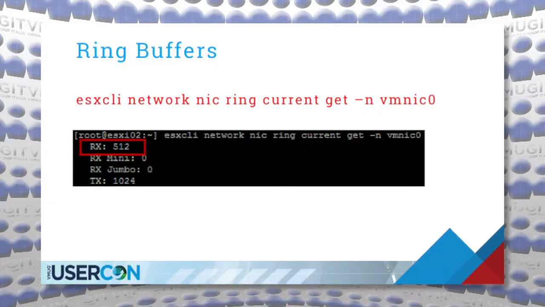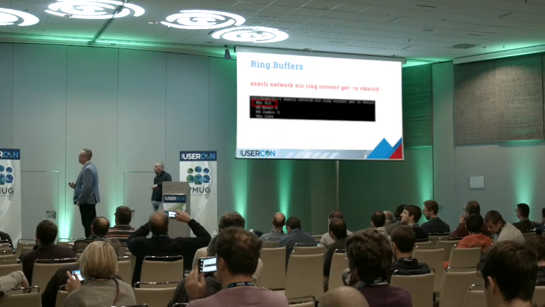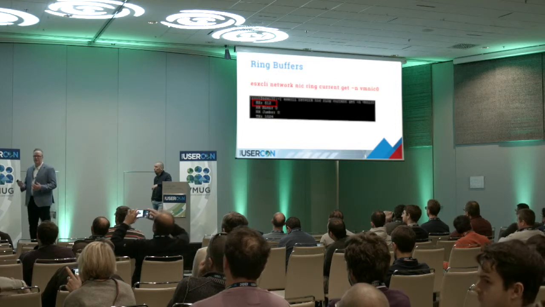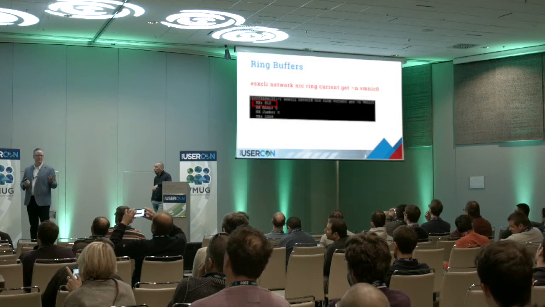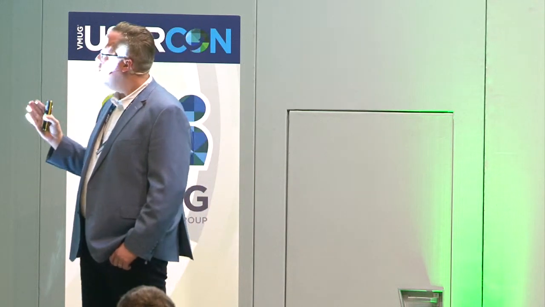Another interesting one is ring buffers. Again, we have an ESXCLI commandlet in which we can see what is actually used for receiving packets for our ring buffers. Now, ring buffers are primarily used, and again, those are enabled by default in every guest OS, but even in your physical NIC, when a large burst of packets is received by the ESXi host, by the physical NIC.